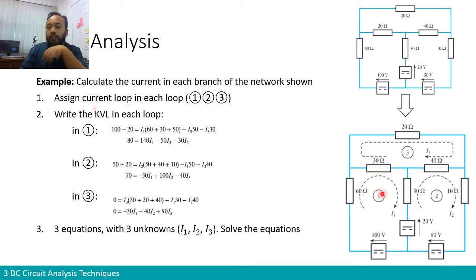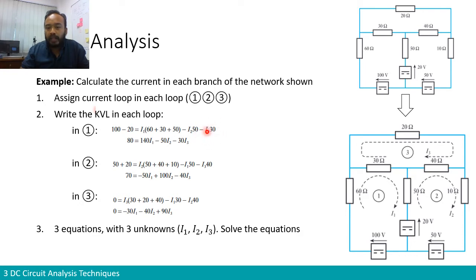because the branch of 30 ohm is the branch in between loop 1 and loop 3. So the current that goes into this 30 ohm is made of 2 currents. The first one is the current coming from I1, and the second is the current coming from I3. So the voltage inside the 30 ohm has the contribution of I1, which is I1 multiplied by 30 ohm, but also I3 multiplied by 30 ohm.